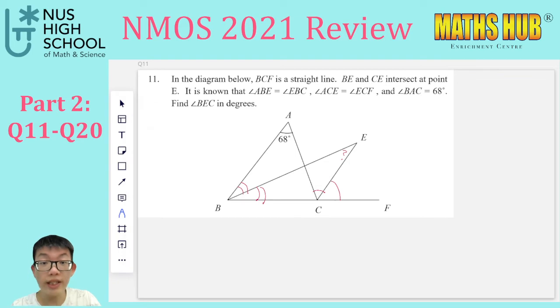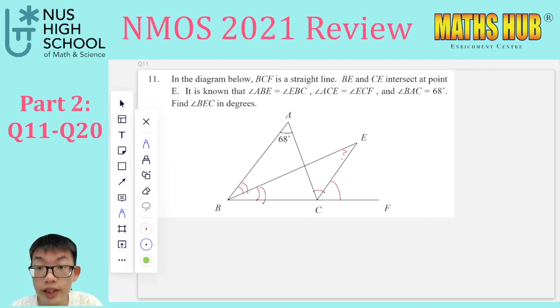Now, the first thing that I would see is to look at triangle ABC. 68 degrees is one of them, but it is also related to the other two angles. So using our exterior angle property, we know that ACF equals 68 degrees plus ABC.